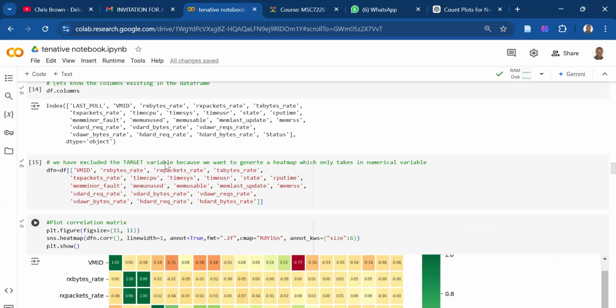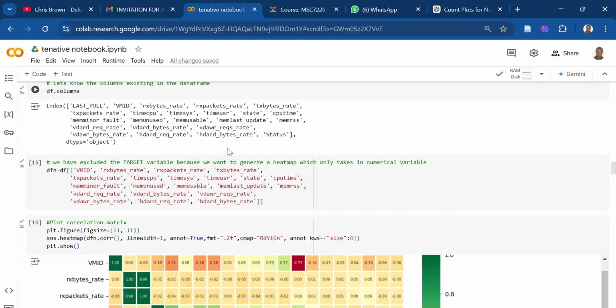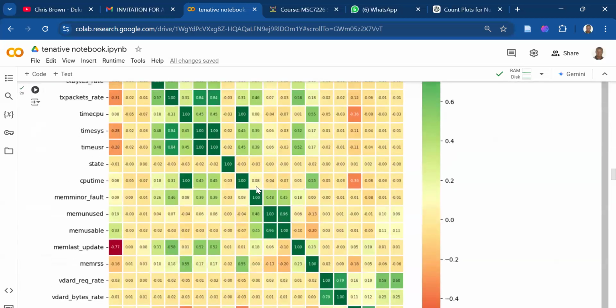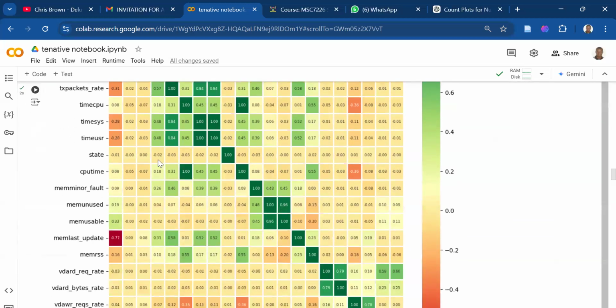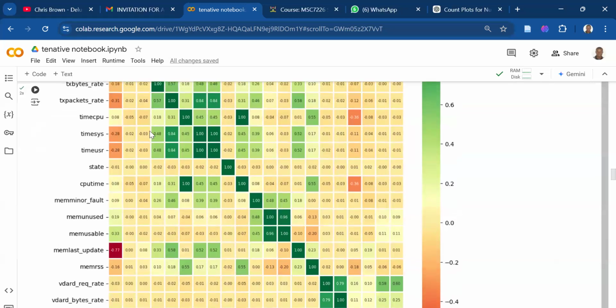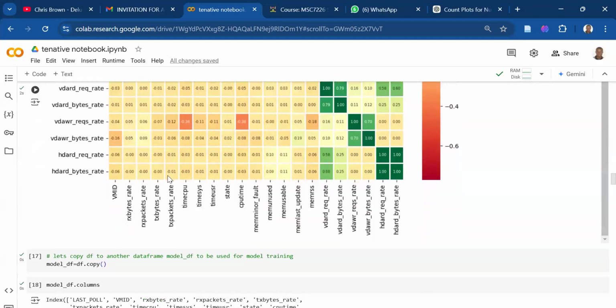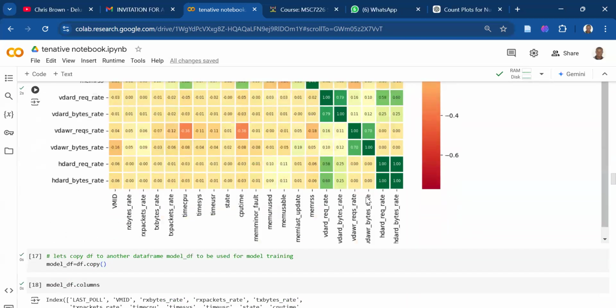After imputing, replacing the zeros with a very small negligible value, I came up with this heat map. This heat map shows the correlation of the various random variables using the Pearson correlation coefficient. There are some highly correlated variables and those which are negatively correlated.